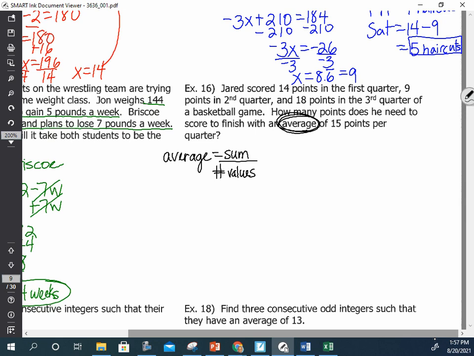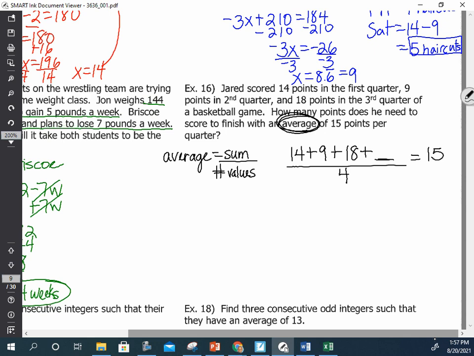In any other situation, if we knew how much he scored in the fourth quarter, then we would take 14 plus 9 plus 18 plus however much they scored here, divided by 4, and that would give us our average.